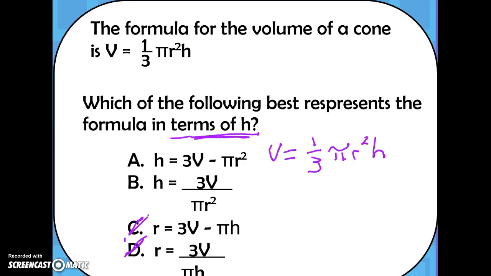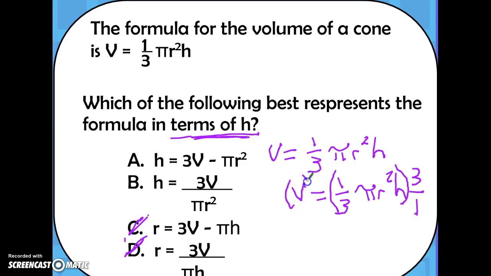The easiest thing to do again is to get rid of the fractions. So we're going to write the equation again, and then we're going to divide by 1/3. Remember that dividing by 1/3 is the same thing as keeping the 1/3, changing it to multiplication, and flipping the fraction to 3/1.